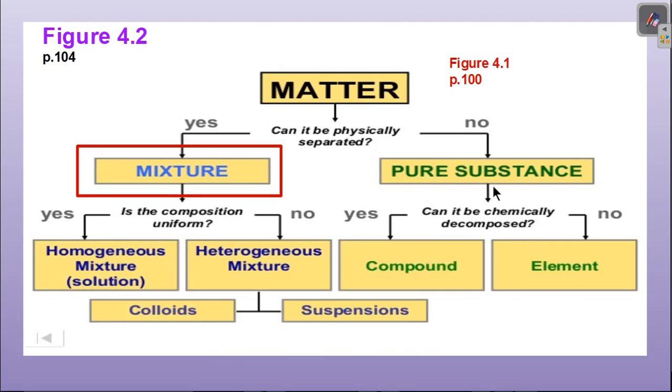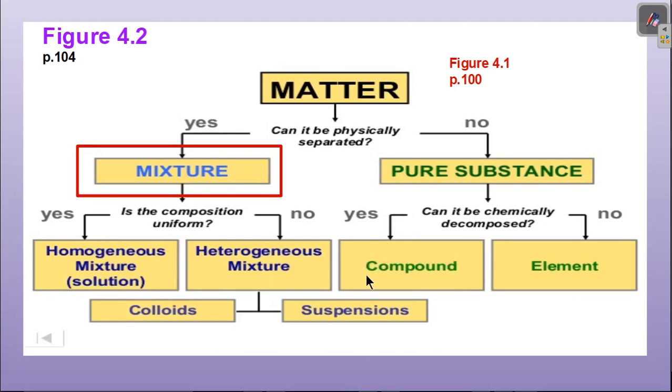So pure substances, remember, cannot be separated by physical means. You cannot use magnetism or filtration or heating it to make it go into a gas state. You cannot do any of those things to separate it. The only way to separate them is by chemical means. So if it can be decomposed, meaning broken apart by chemical reactions, if it can be decomposed, it's a compound.